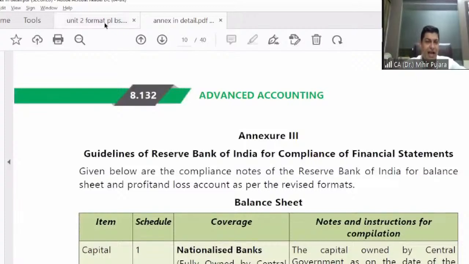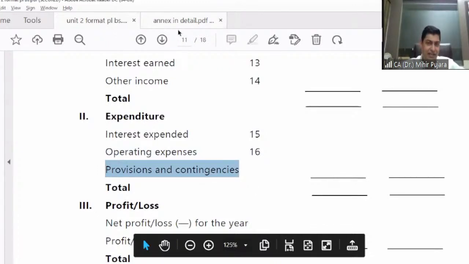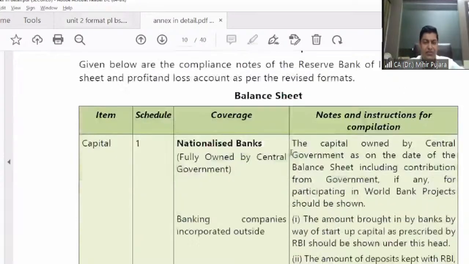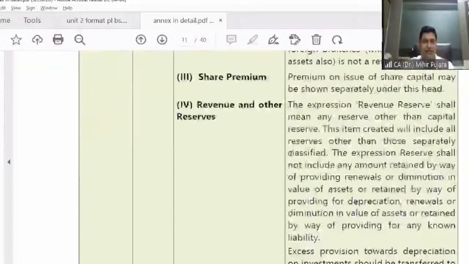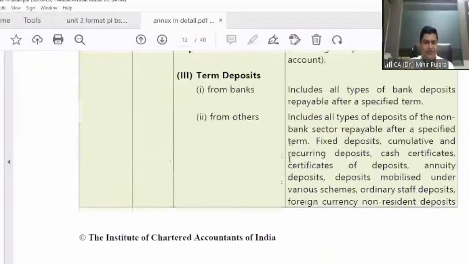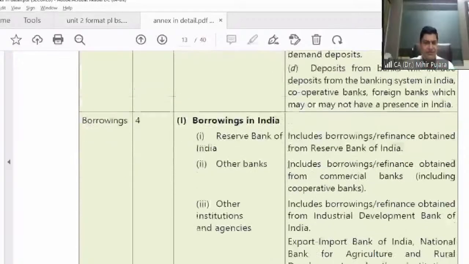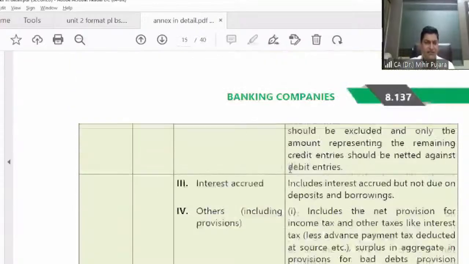And now important: what will you show in provisions and contingencies? Here in the module, they have shown it very properly, guys. All these are balance sheet schedules.